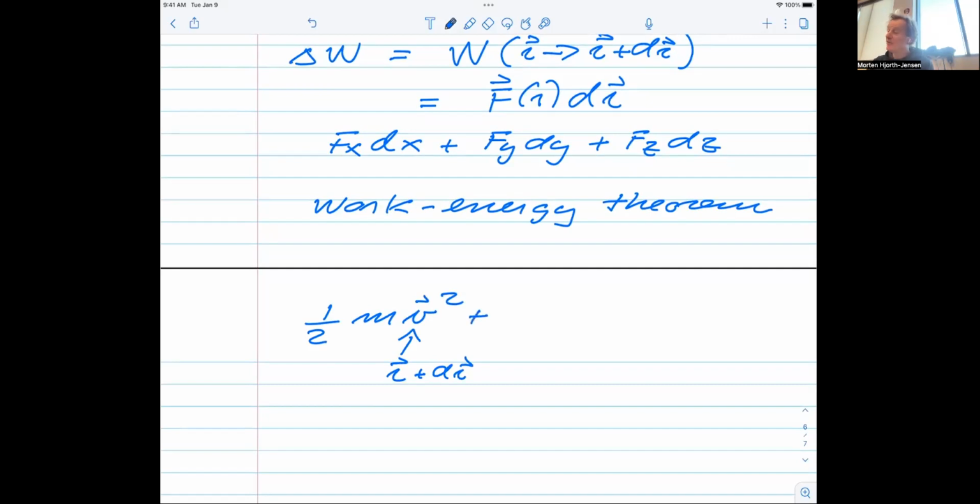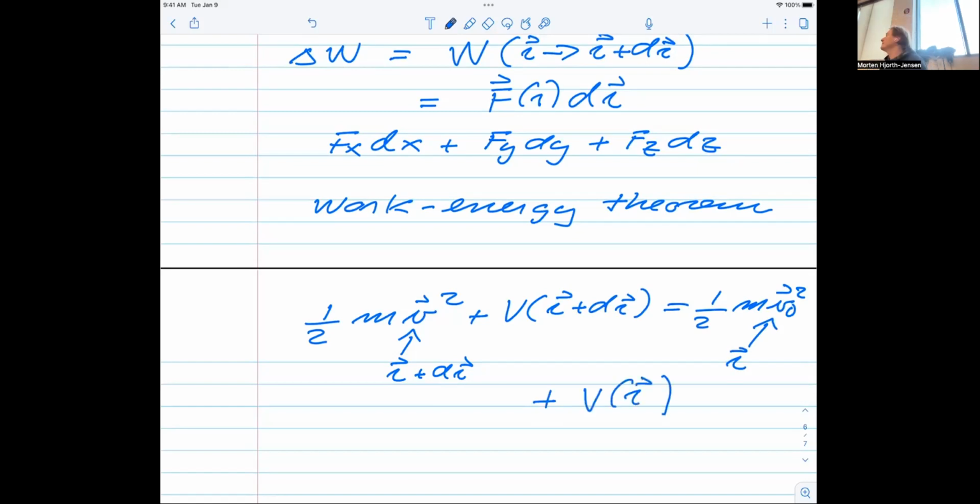We can obviously simplify to just one dimension, but then we will not get the gradient. And then we have the potential at r plus dr. And this is equal to an initial kinetic energy, 1/2 m v0 squared, where this is the velocity which we have at r, plus the potential at the value r. So I just use these labels, v and v0, to indicate the velocities at these different positions.